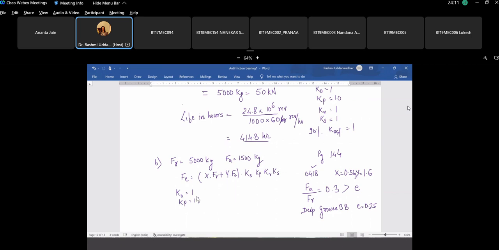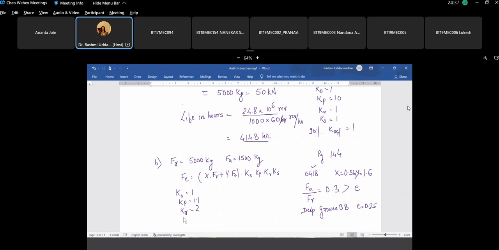Now the rotational factor: our problem definition says inner and outer races are rotating in opposite direction. So what is this rotational factor? Data book says the value of K is 2. Service factor, it is saying it is moderate shock load.